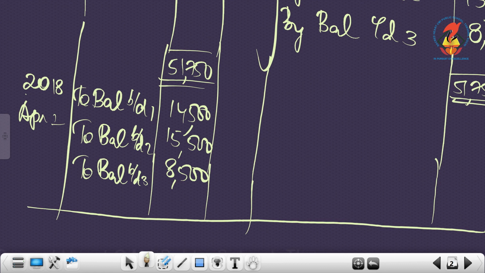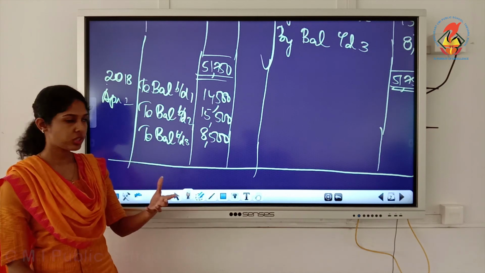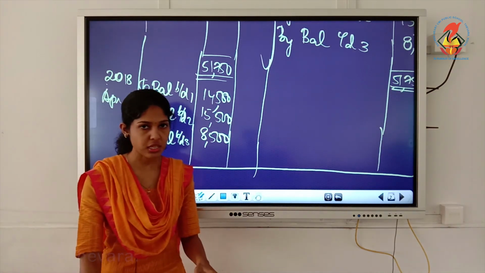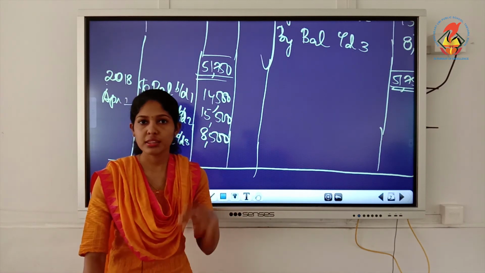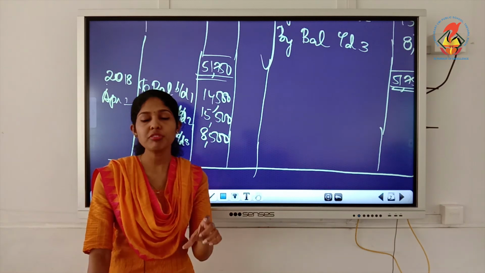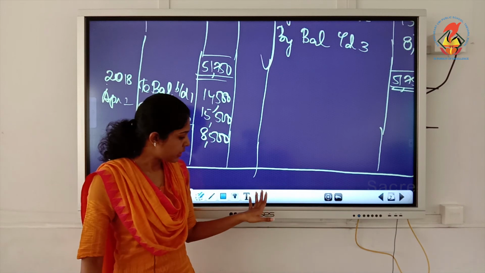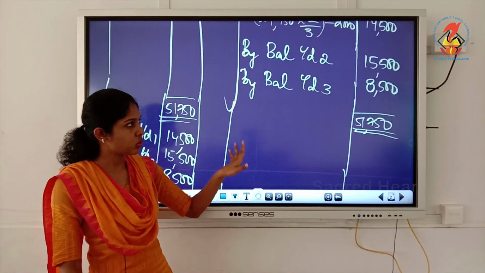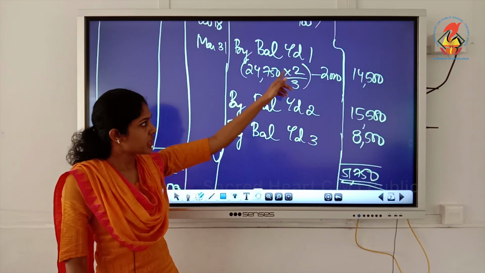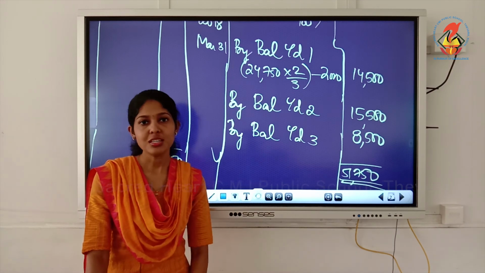So here we have done for 3 years, and they didn't ask you to do for 3 years, they asked you what is the balance on 1st April 2018, and the purchase is in the year 2015. So accordingly you have to compute the number of years for which we have to do the machinery account, and that third year's calculation you must watch 2-3 times, that 2/3 calculation, 1/3 calculation, that you must understand clearly.